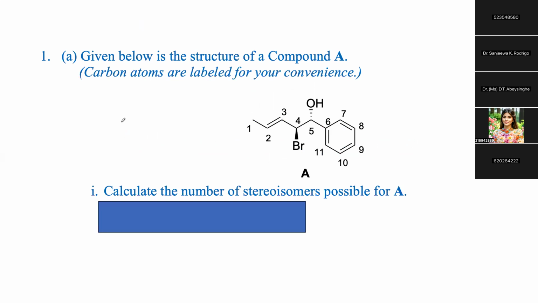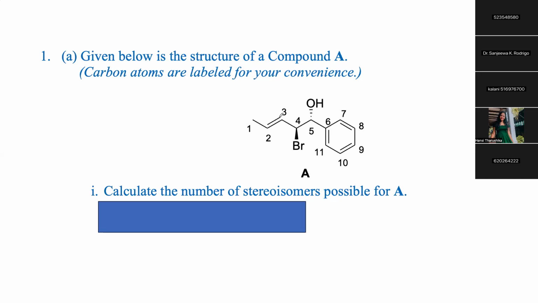So how do you do that? What is the first step? How do you approach this question? Calculate how many stereo centers there are. Yes, you count. So how many stereo centers, or stereogenic centers, are there? Three. Yes.